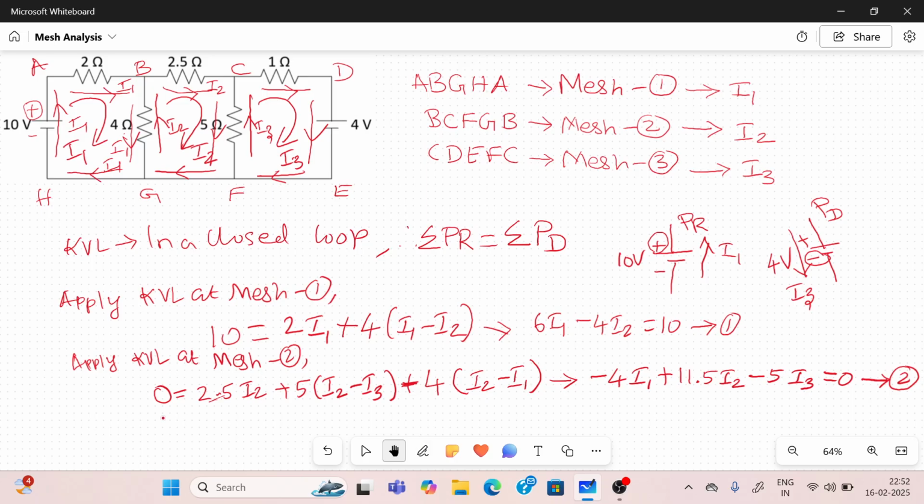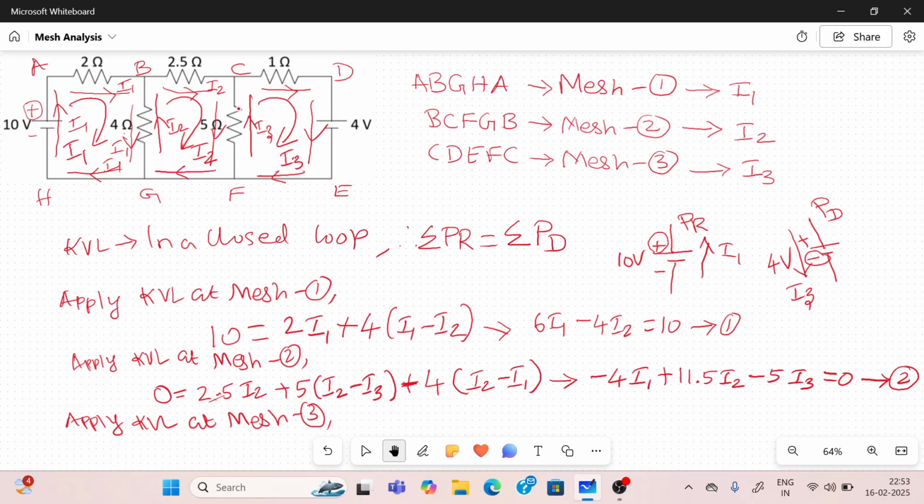Now we are going to apply KVL at mesh 3. What happened for mesh 3 KVL?